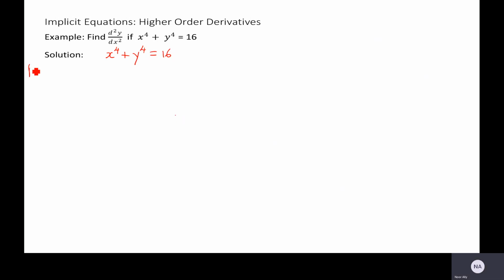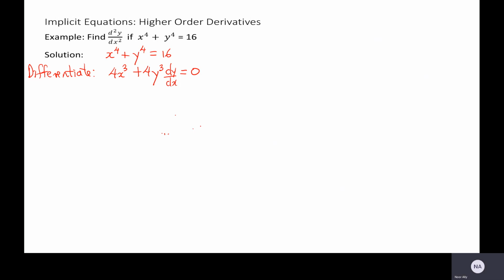So let's differentiate to get our first derivative. That's 4x cubed plus 4y cubed, sorry, times dy dx. That gives you 0. Derivative of 16 is 0.